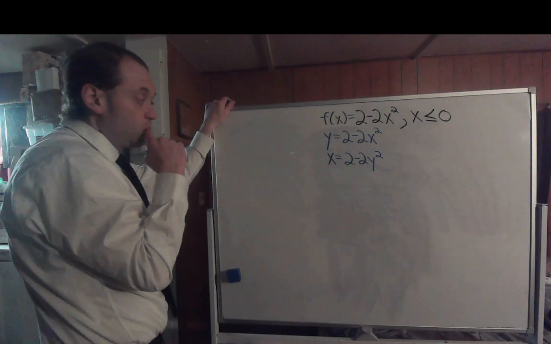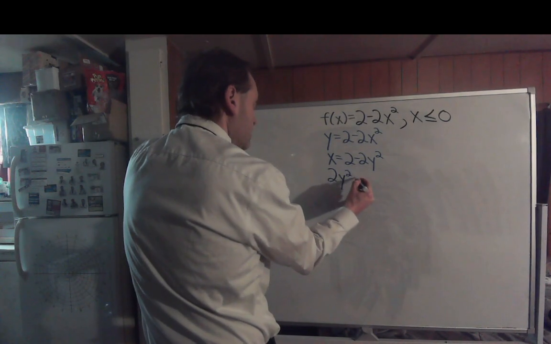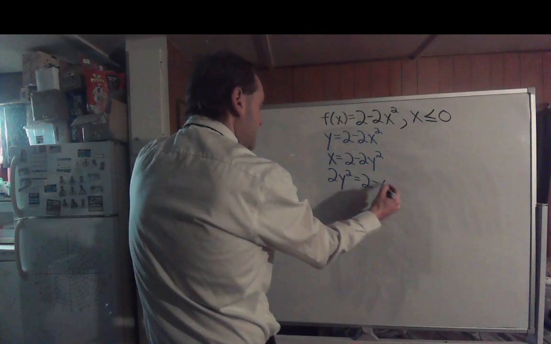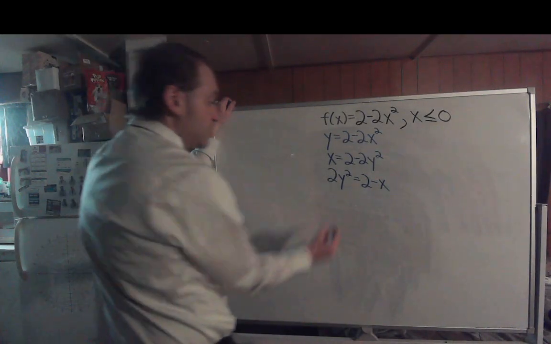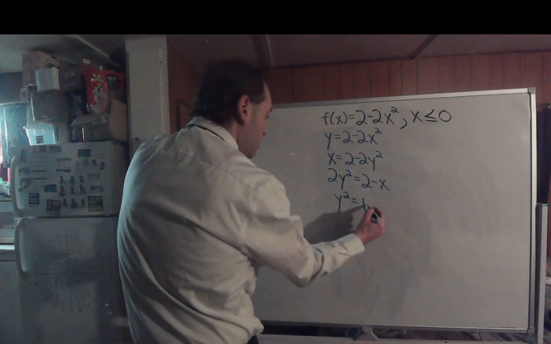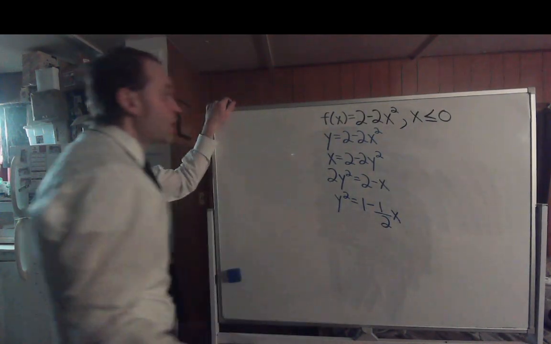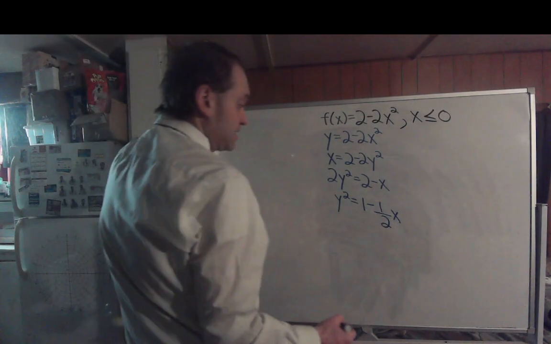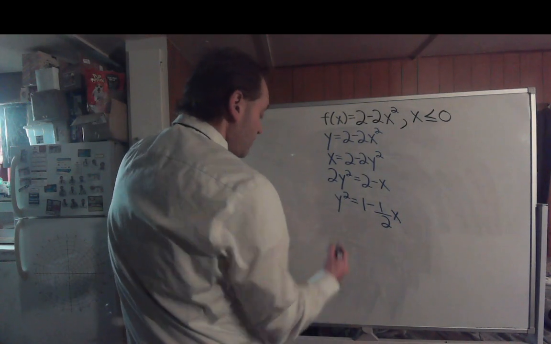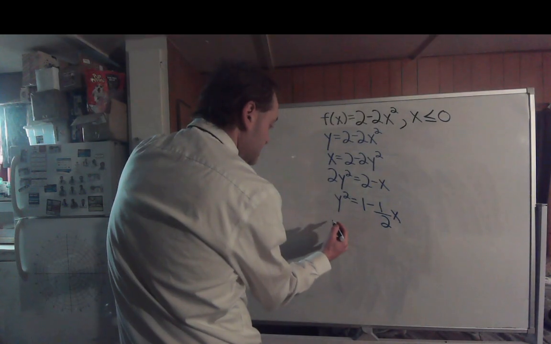Alright, well, let's see, this means that 2y squared would equal 2 minus x, which then means that y squared would end up equaling 1 minus 1/2 x. Okay, so now we've got to take the square root of both sides.